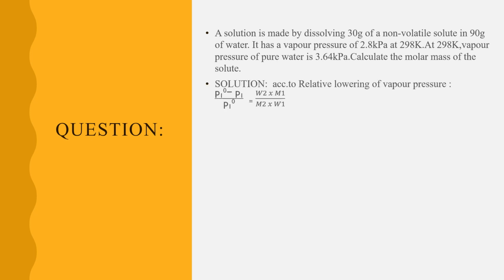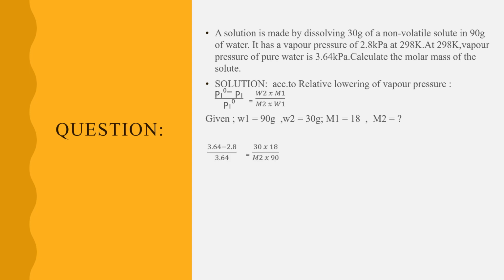Now, according to relative lowering of vapor pressure, we know the formula. Given is the weight of solvent, that is 90 gram, weight of solute 30 gram, molar mass of solvent 18, because the solvent is water, so the molar mass of water is 18, and we have to find out the molar mass of solute, that is M2.